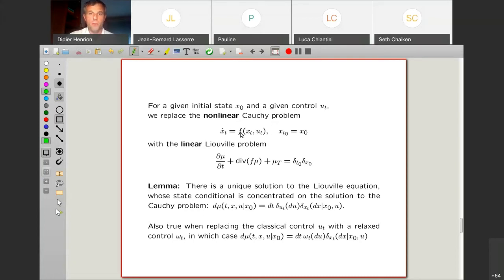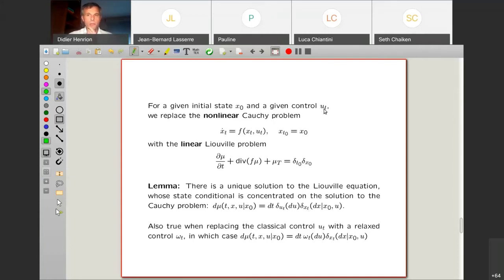So if f is polynomial, it is Lipschitz, there is a unique solution. And the state conditional of mu is concentrated on the solution of the Cauchy problem. So the x component of the measure here, which is disintegrated, actually is a Dirac measure.